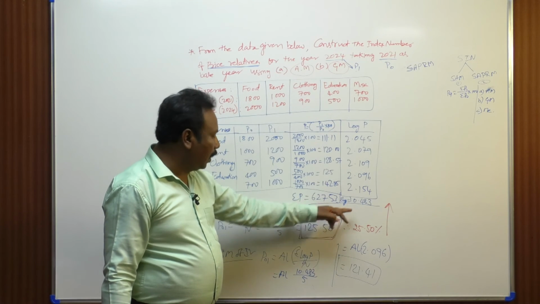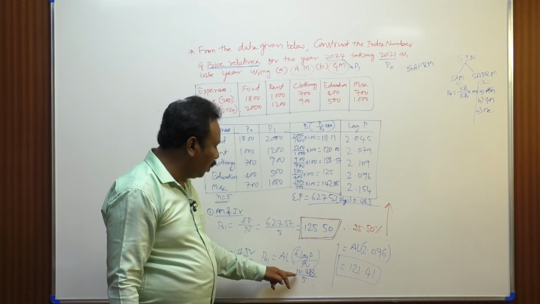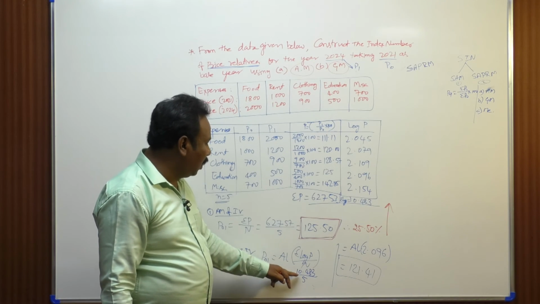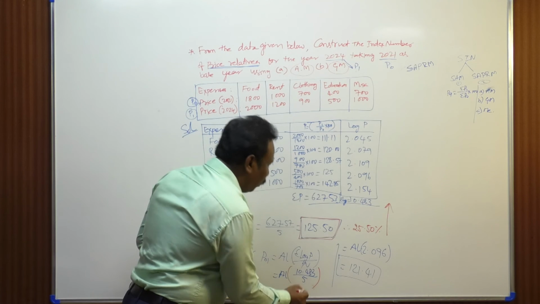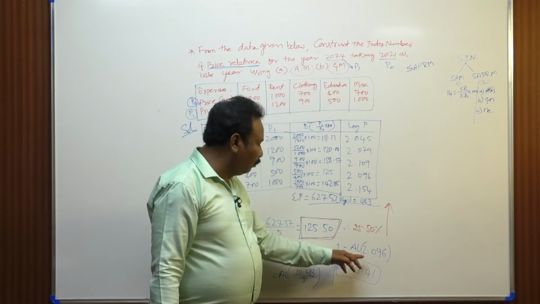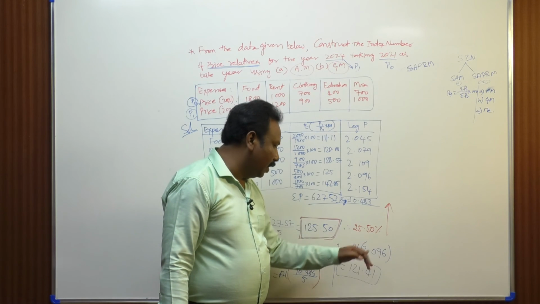Just now we calculated the summation of log P as 10.483, divided by N which is 5. Anti-log of 10.483 divided by 5 is 2.096.